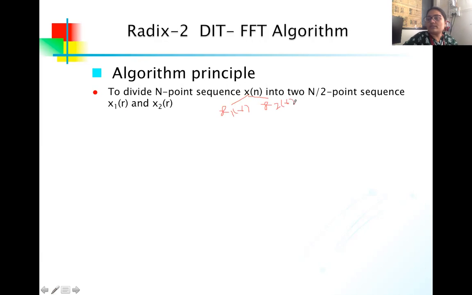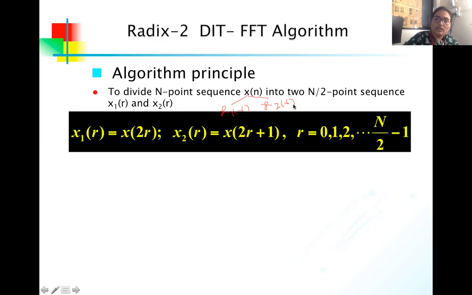The number of values present in both sequences is equal: N by 2 points in x1 of r and N by 2 points in x2 of r. x1 of r consists of even values, so those are represented as x of 2r, whereas x2 of r consists of odd values, and those are represented as x of 2r plus 1. And r varies from 0 to N by 2 minus 1.